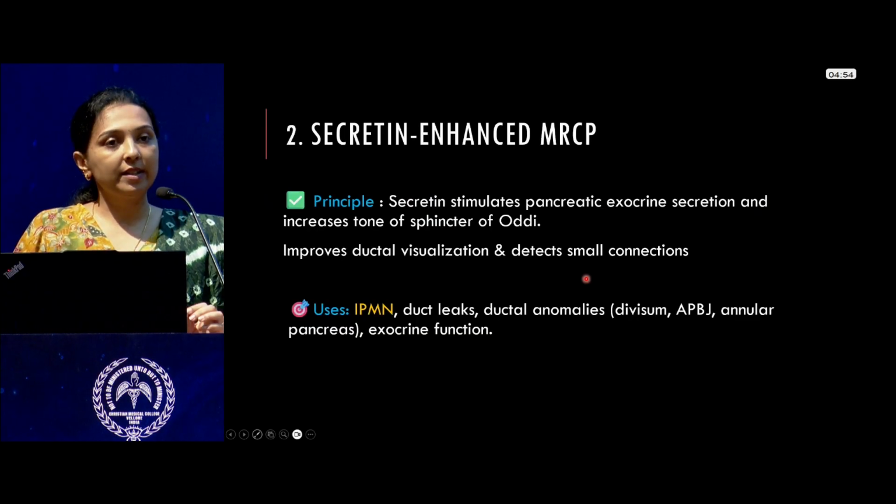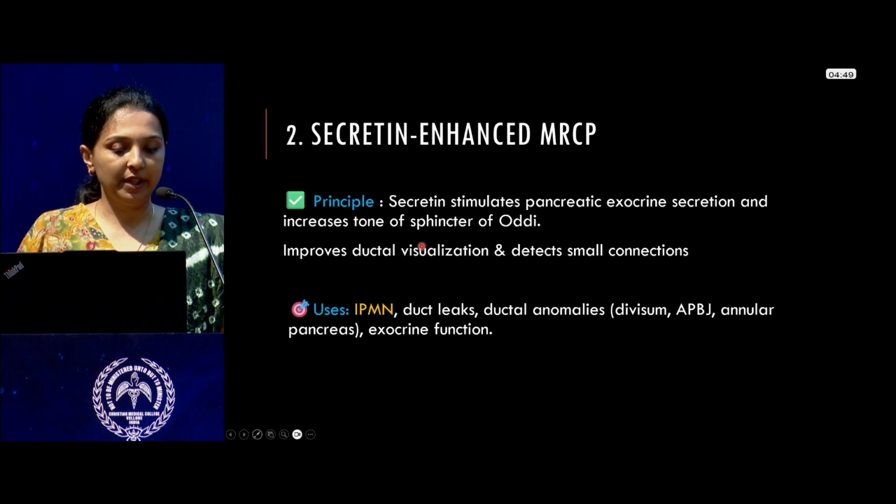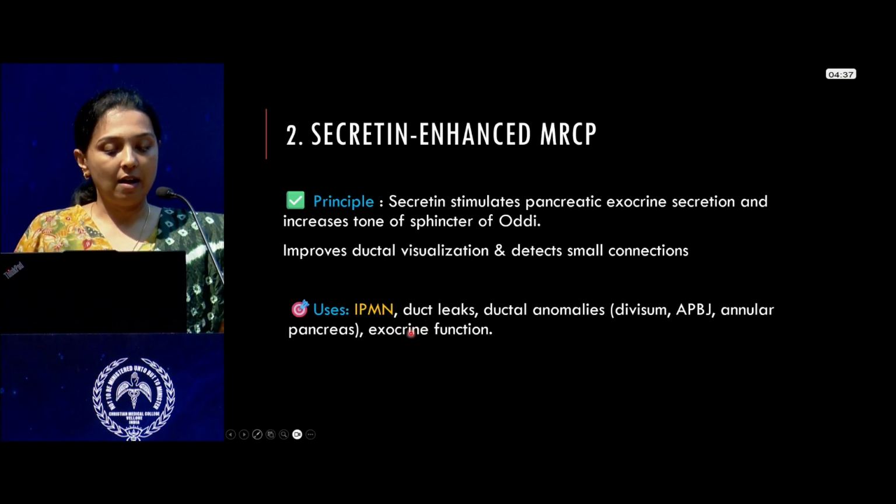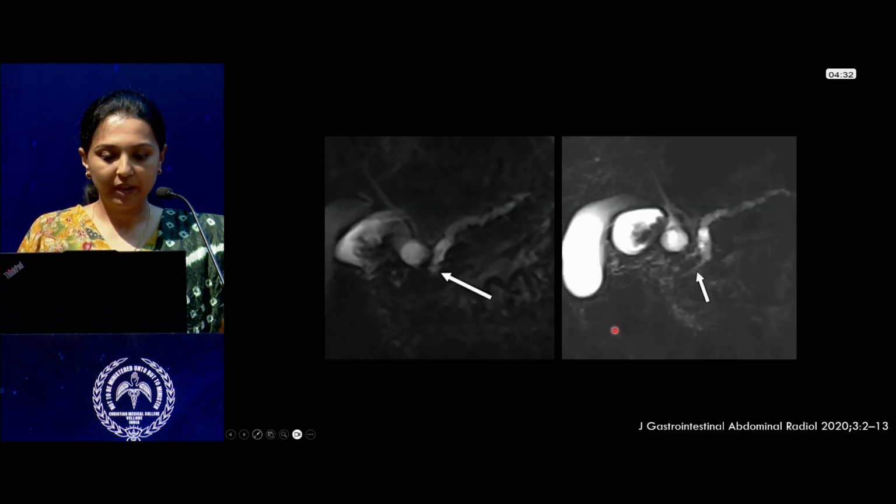Moving on to the next MR based technique, this is called secretin enhanced MRCP. Now as you know, secretin stimulates the pancreatic secretion, and it also increases the tone of the sphincter. Therefore the visualization of the ducts will be better, and potential applications are evaluation of IPMN and other ductal anomalies.